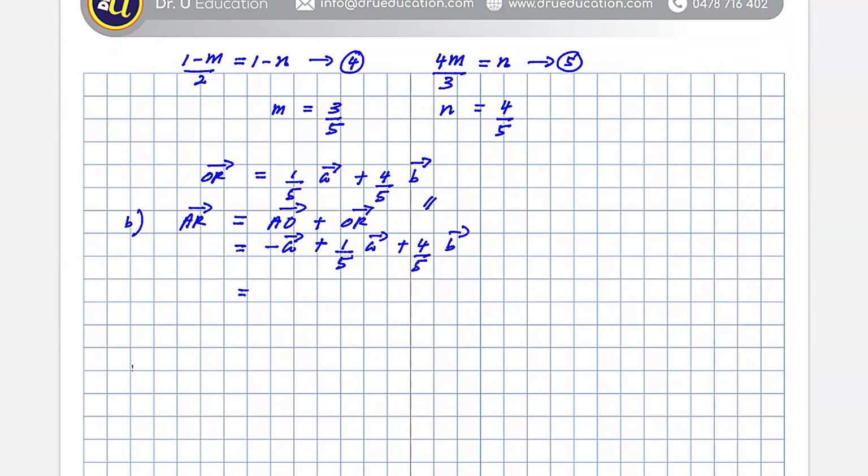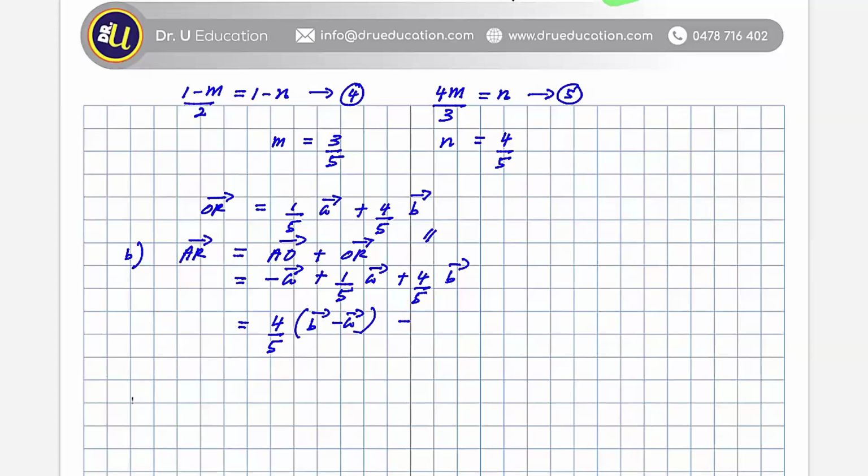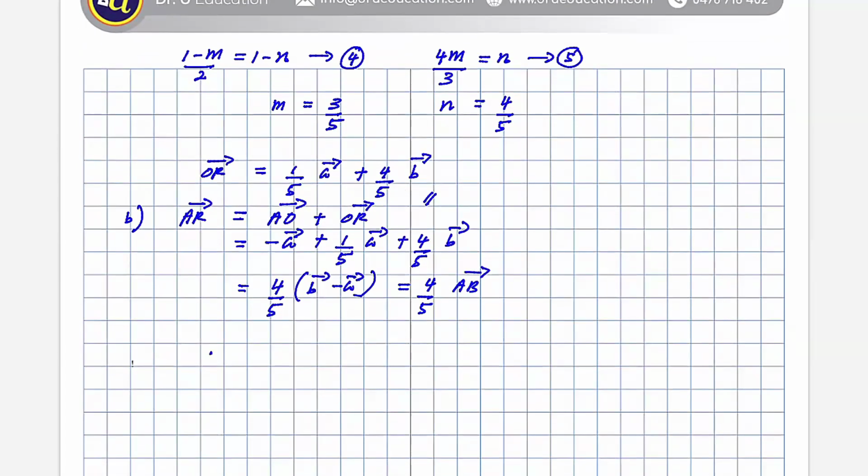So you get the answer: 4 divided by 5 (B minus A). So B minus A is nothing but AB. This is equal to 4 divided by 5 AB. Right? So what we have now here is AR is equal to 4 divided by 5 AB.